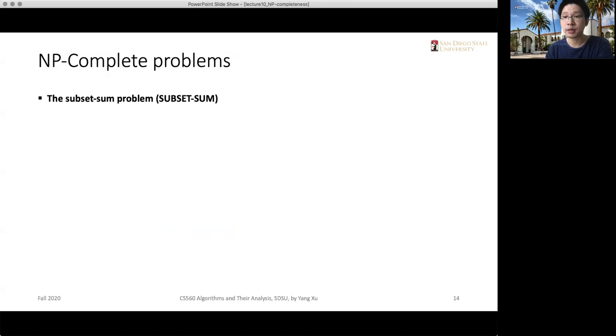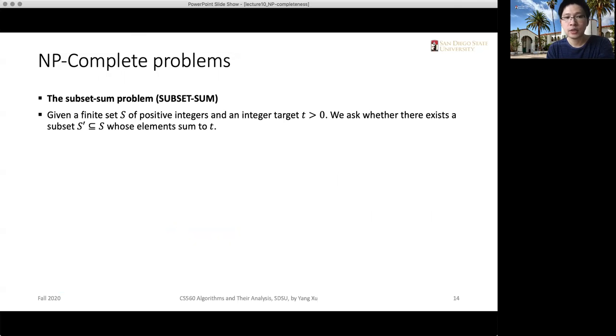And the second type of problem is the subset sum problem. Given a finite set of positive integers and a target integer t, the question is to ask whether there exists a subset whose elements sum up to t. It's quite a simple problem in terms of definition, right?